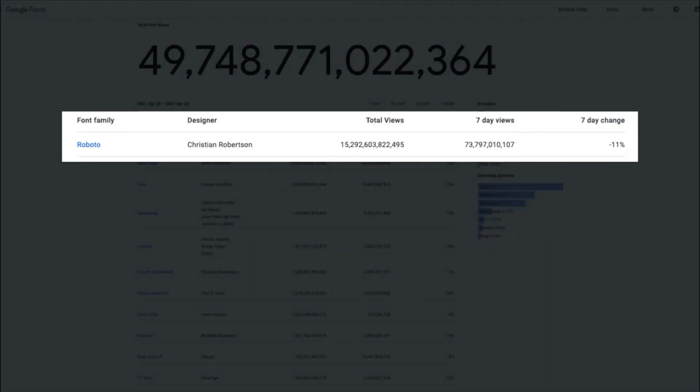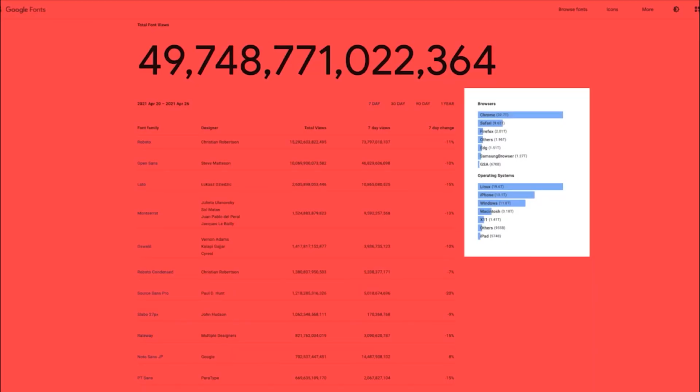There are also detailed figures of views per font, plus a list of browsers and operating systems where they are used, sorted by the percentage of use. These scales are very likely to be very different from the font use rates in any other scenario, whether private or on other open source platforms.